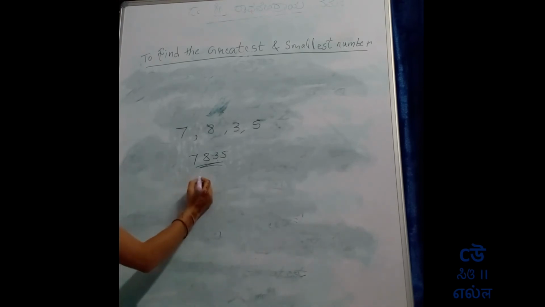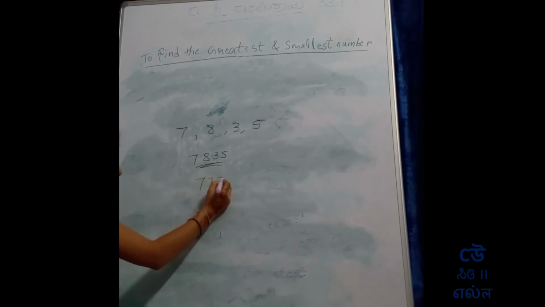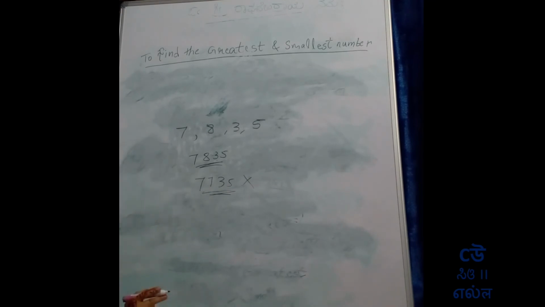But 7735 is wrong, because 7 is repeated twice, and their condition is that the number should not be repeated. So this we cannot consider.